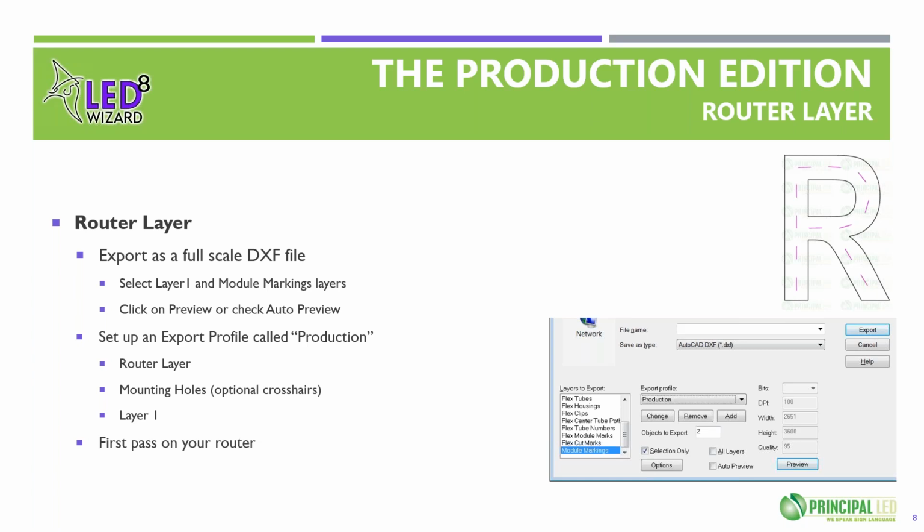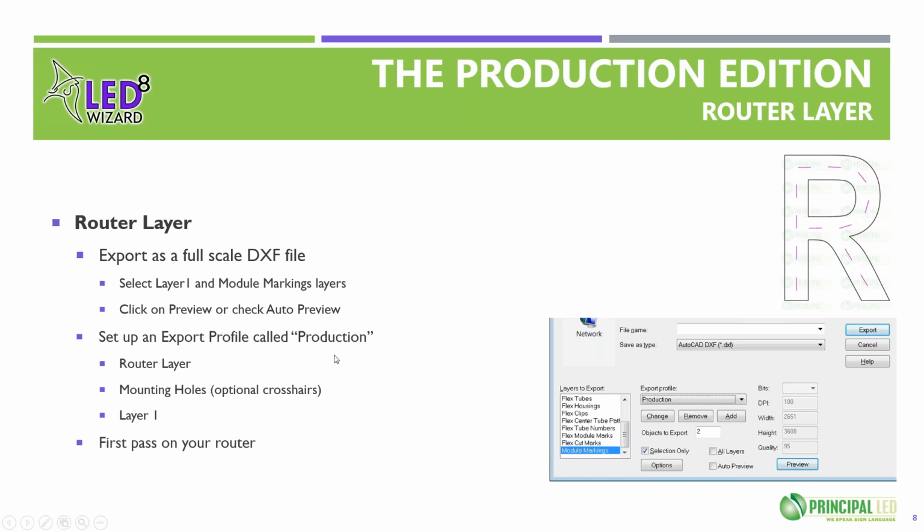Layer 1 is the original vector graphic, the original design file, original lettering, and then the layer is called module markings. That's the actual layer that you select. As always in the export dialog box, you can click on the preview button, and that will show you, just to confirm. I know there's some other layers in here. We're not talking about Flex today, but that's in development.